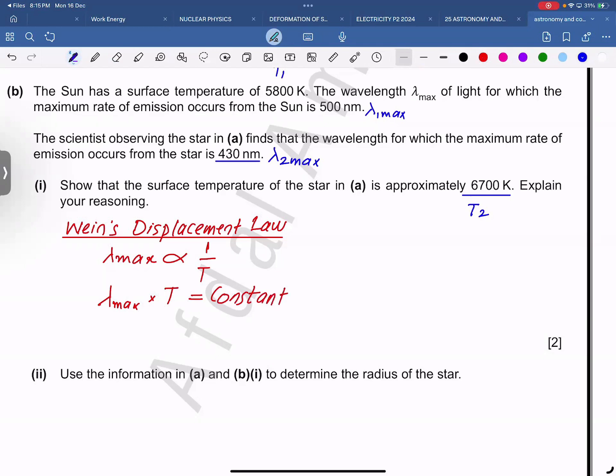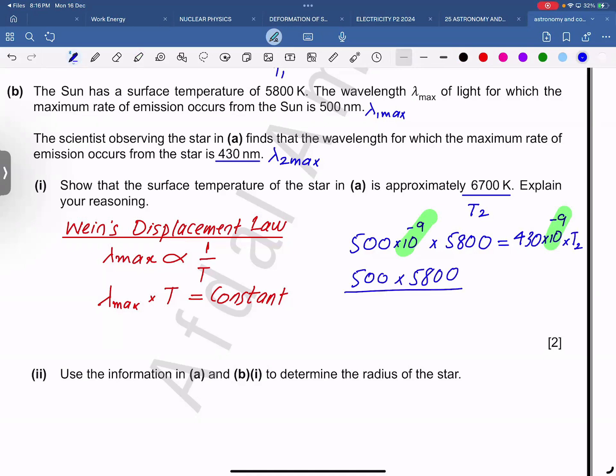This is the explanation. Now substitute the values. Lambda max 1, 500 nano. T1, 5800 Kelvin. Lambda max 2, 430 nano. T2, we don't know. You can simplify 10 power negative 9.